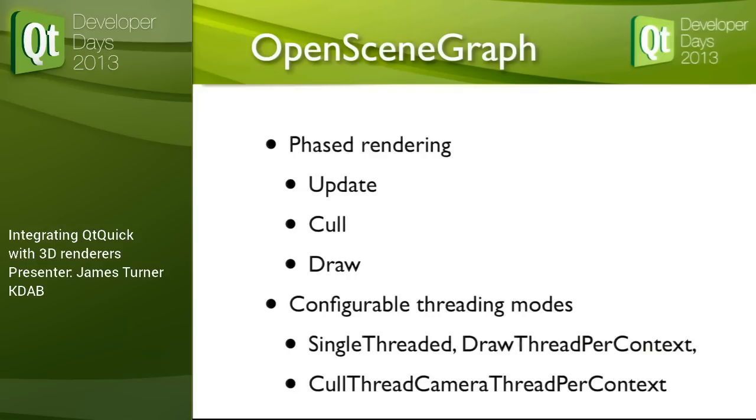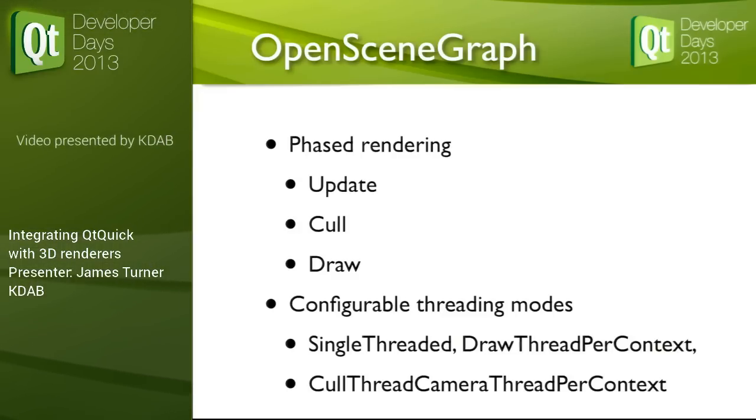And then finally, it builds up a series of what are called render bins and sends all the OpenGL commands in those bins to OpenGL. That's the draw phase. And it has configurable threading modes. It can run single-threaded, where these all run one after the other on a single thread. It can do a thing called draw thread per context, where drawing runs in its own thread.